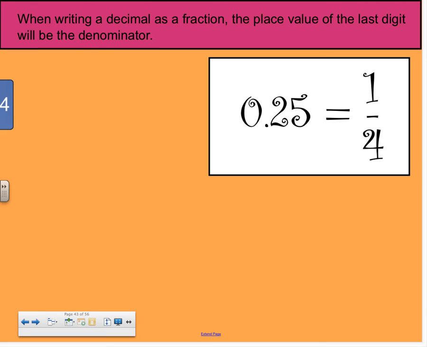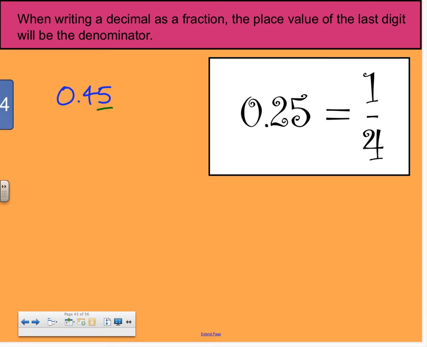Okay, so our example is 0.45. That is our decimal. And I want to write that as a fraction. Well, what is the place value of the last digit? First of all, what's the last digit? The last digit is 5. And 5 is in what place? Hundredths, right? It's in the hundredth place.